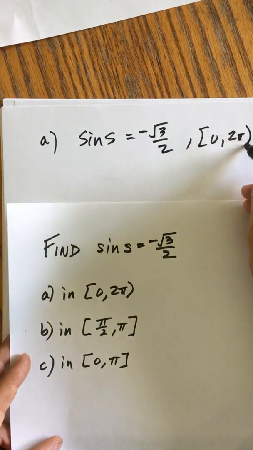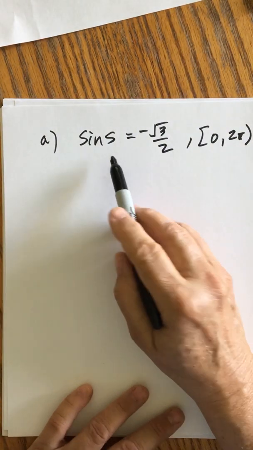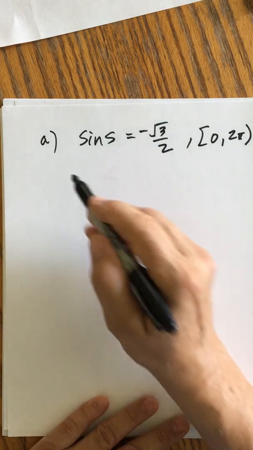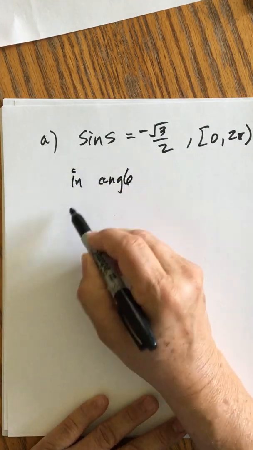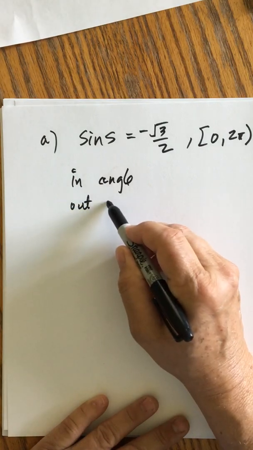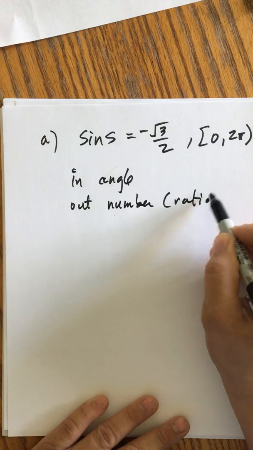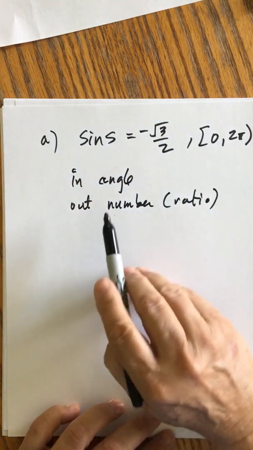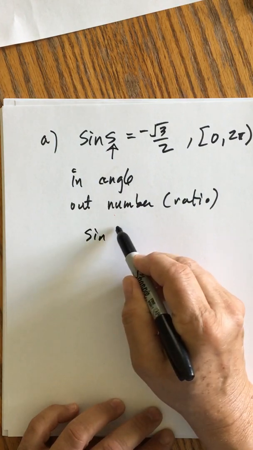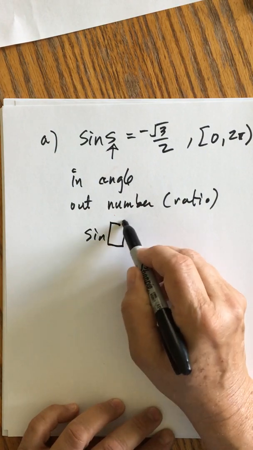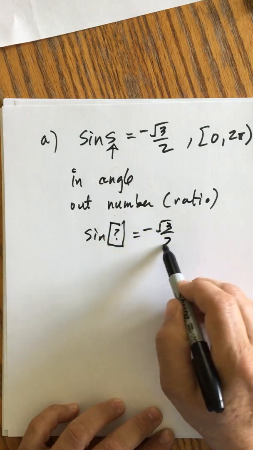First of all, for a trig function, in comes an angle, and out is a number, the ratio of the lengths of two sides of a right triangle. So this is what's in. I could write sine of, just like a placeholder, what's my angle that I'm looking for, is equal to negative square root 3 over 2.